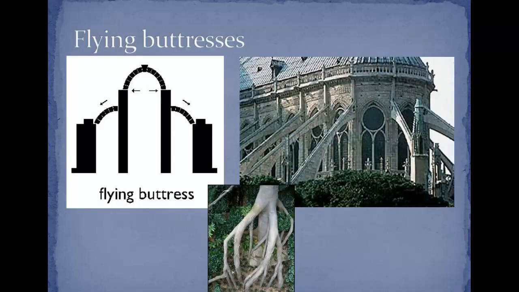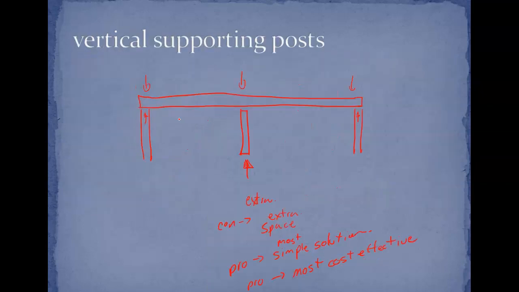Now finally, flying buttress. It's a neat little thing. It's basically a support from the top to an outside support. So if we were to think back to this here, rather than maybe having a vertical supporting post, we might want to put in, let's say, a flying buttress where it will come and meet at the side.